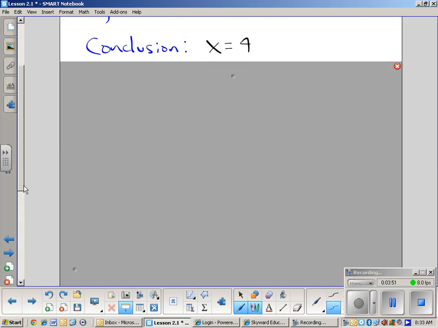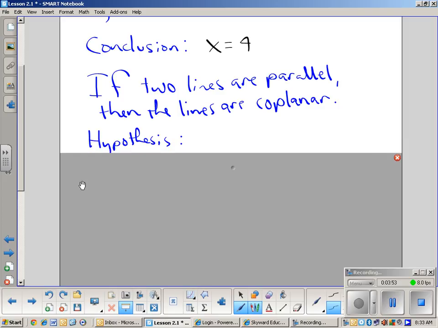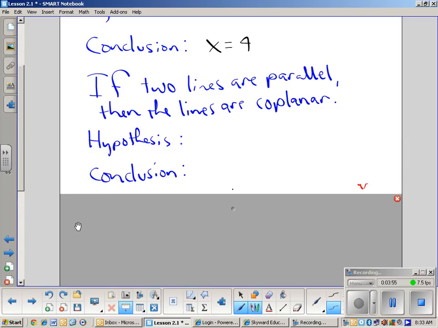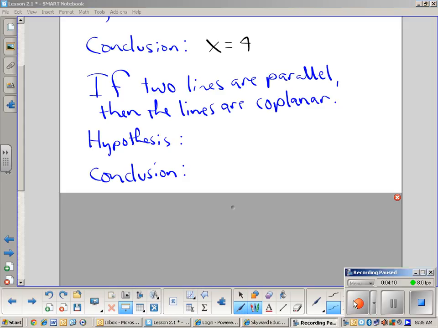When it's a statement like this next one, it says if two lines are parallel, then the lines are coplanar. Sometimes that makes them a little more difficult. If two lines are parallel, then the lines are coplanar. Let me pause while you copy that, and we'll talk about what's what. So in this one here, what is our hypothesis?